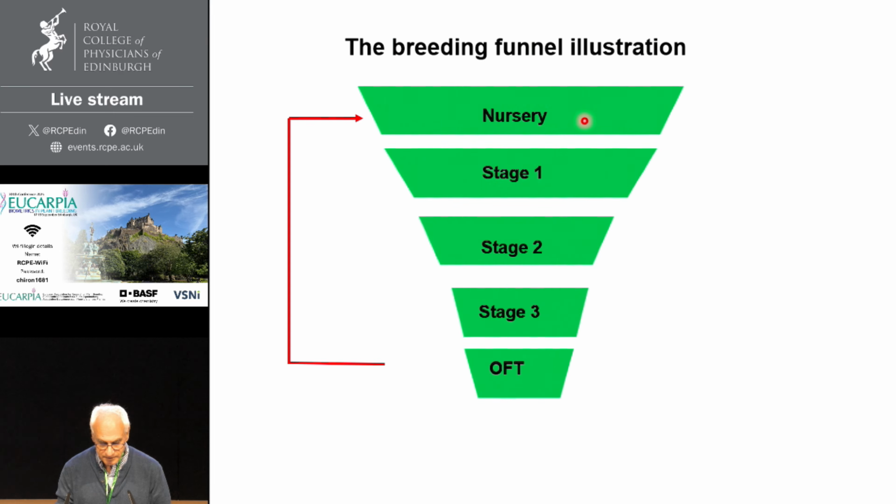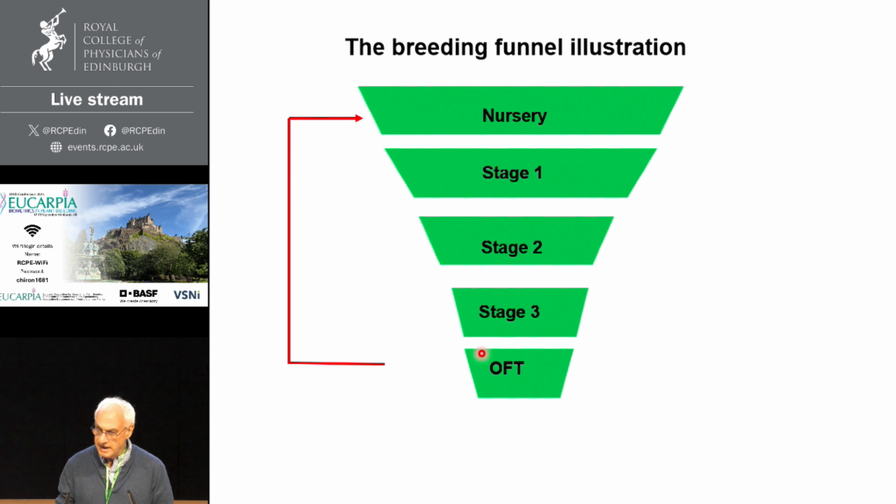The system is often represented as a funnel where recombinant progenies are evaluated through a series of steps, usually with increasing accuracy, more locations of testing, and then finally into a release process.